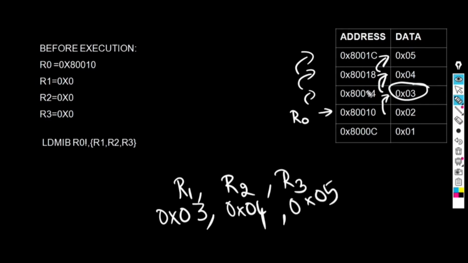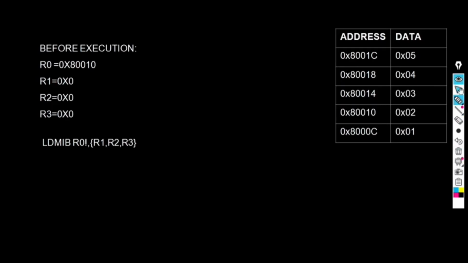Now because here it is increment before, that is, increment before loading any data, the last address here, 0x8001c, itself is the value of R0. Also, if you notice, the data placed in lower memory addresses will be placed in registers having lower suffix.